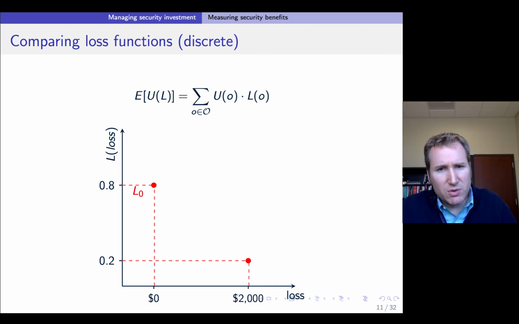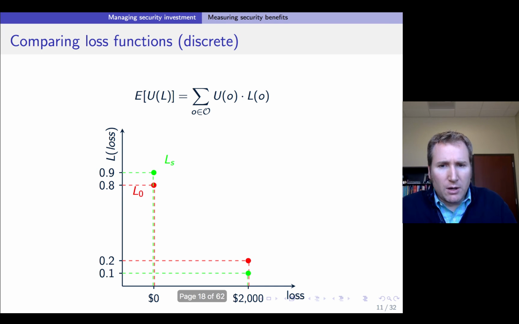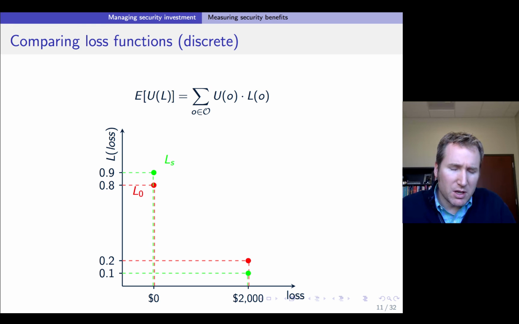And you can just compute the expected utility just as we've done previously. But you might say if you then invest in security, then for these two outcomes, maybe the probability of experiencing a $2,000 loss falls to 10%, which would necessarily mean the probability of no loss under security investment rises to 90%.